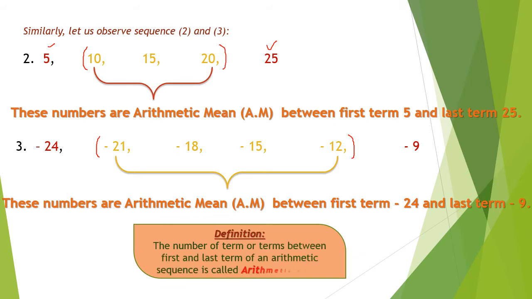Don't forget arithmetic series also. The number of term or terms, because there may be only one term between the first and last term of any sequence, isn't it? So the term or terms between the first and last term of an arithmetic sequence are called arithmetic means. The concept is very simple.